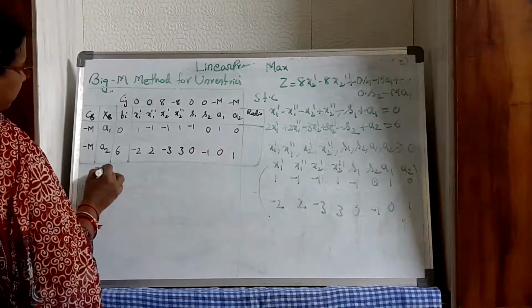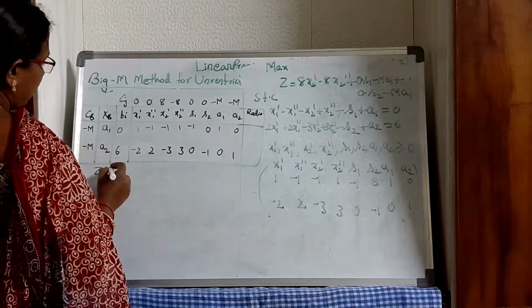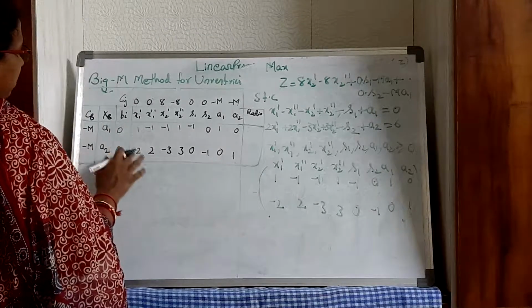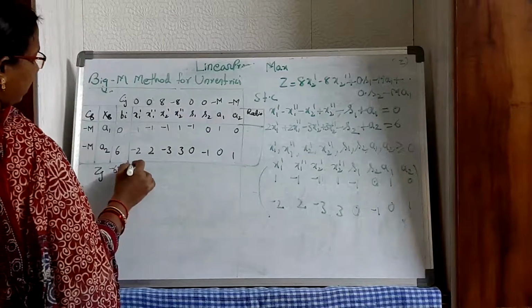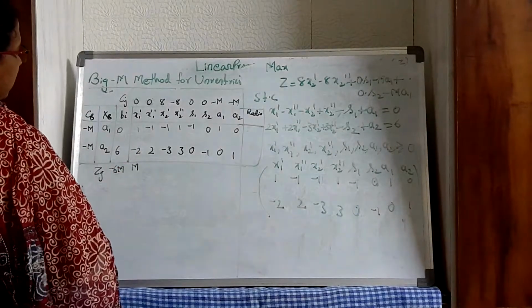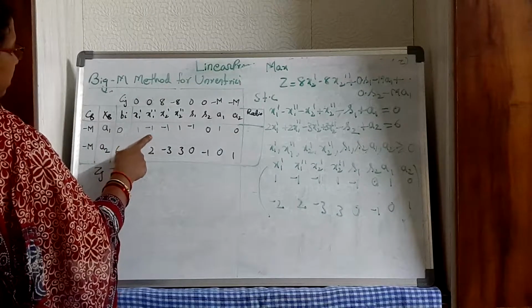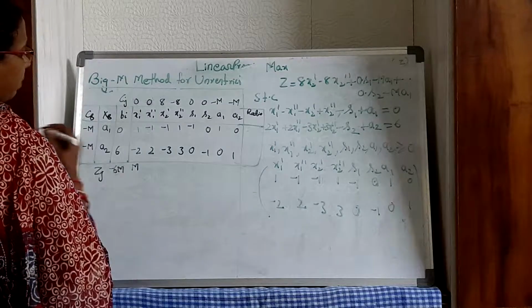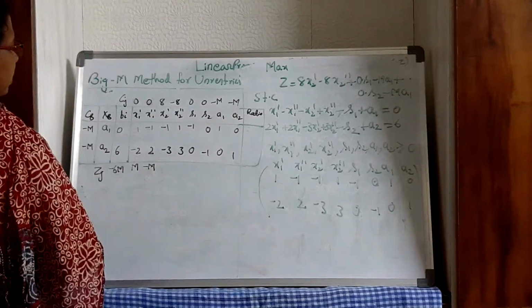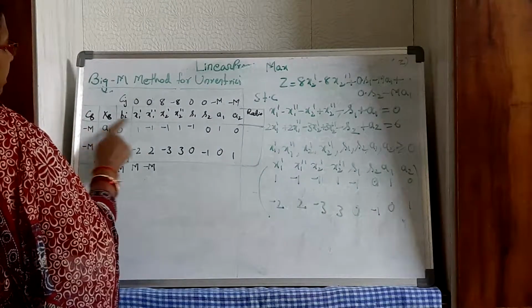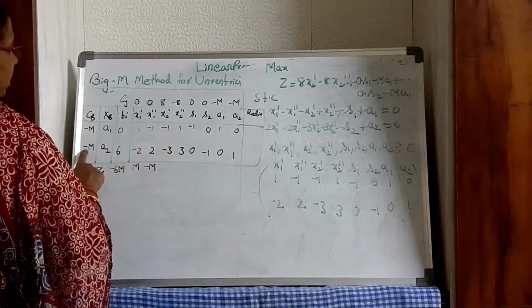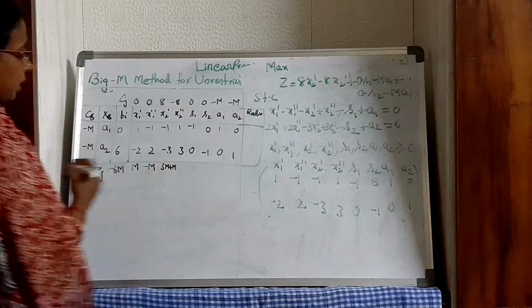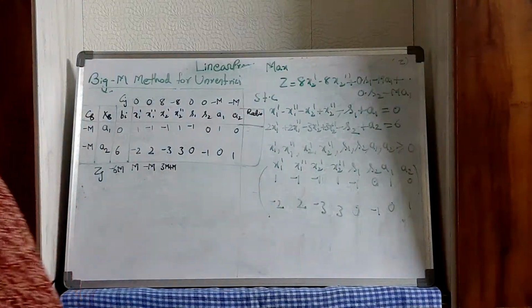Now calculate Zj. Minus M into 0 plus minus M into 6, so minus 6M. Minus M into 1 plus minus M into minus 2, so 2M minus M will be M. Similarly, minus M into minus 1 will be M, plus minus M into 2 will be minus 2M, so M minus 2M will be minus M. Similarly, minus M into minus 1 is M, this is 3M, so 3M plus M. I hope that is right.